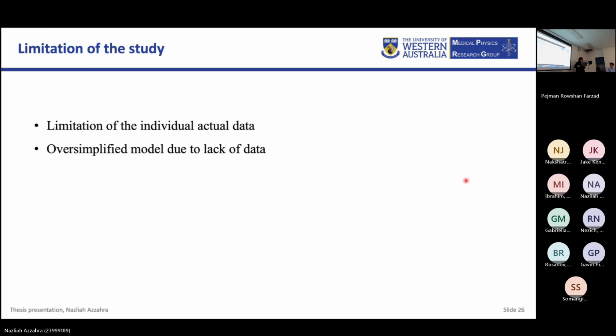Before closing, I would like to highlight a few important limitations of this study. The first one is limitation of individual actual data. Most of the studies didn't include any raw data, which restricts how precise my analysis is. And the second one is because of the lack of data, the model tends to oversimplify.